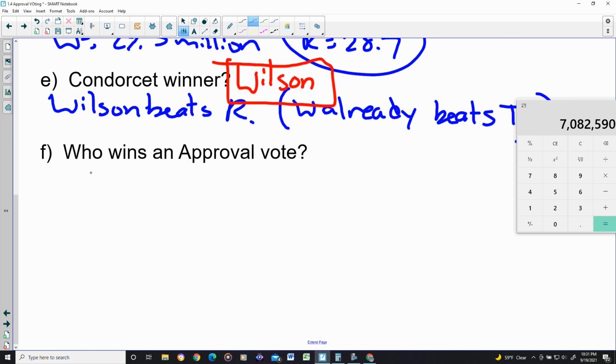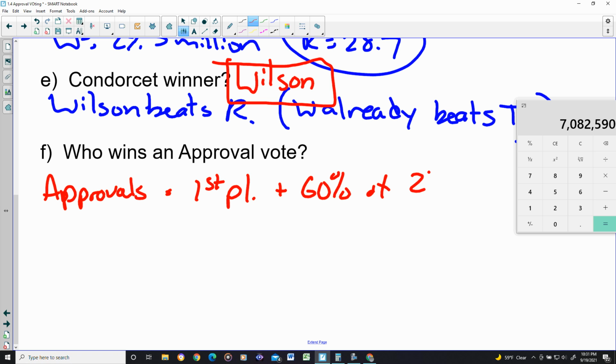Well, remember that for the approval equals, in this particular case only, it differs from election to election. First place, all your first place votes, plus 60% of second place. Obviously, now there could be some people that approve of 3 choices, 4 choices, or more. But here we're going to go with first place plus 60% of second place.